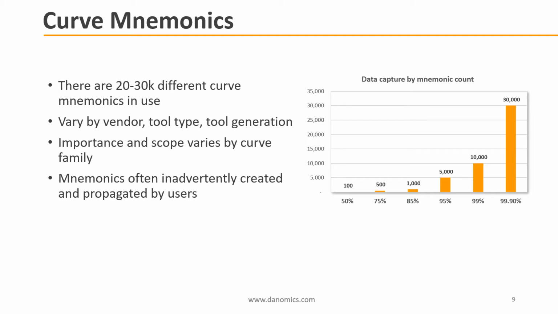And often mnemonics are inadvertently created and propagated out by users. So a user will normalize a curve, and they'll call it GR_norm or GR normalized, or they'll perform some type of edit operational curve, and by not using clear practices, they may rename their GR1. That'll then get written to a file, and then you'll have to start tracking that mnemonic as well.